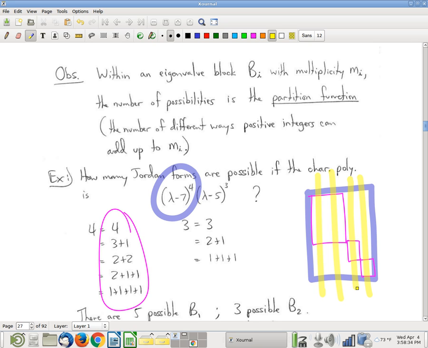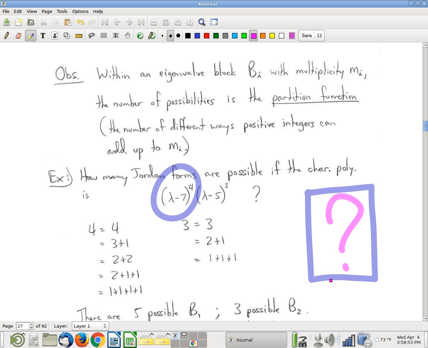In grand total, that's 4 columns. So that eigenvalue block structure, or Jordan block structure, corresponds to the fact that 4 is equal to 2 plus 1 plus 1. Okay, so we can reduce the question of, how many different structures are there inside of here to the question of how many different ways are there to add up positive integers to get 4.